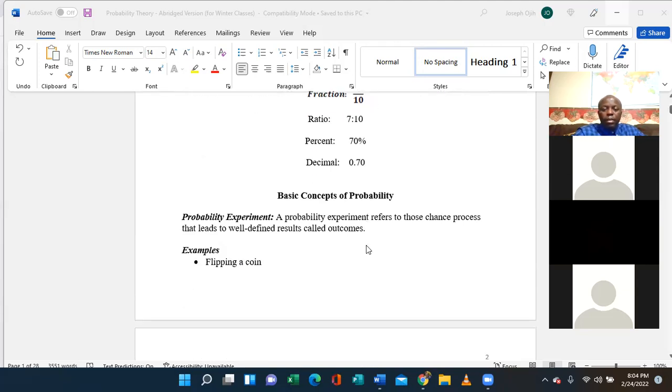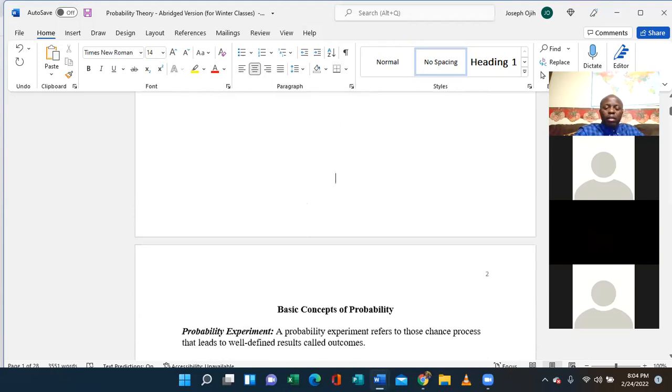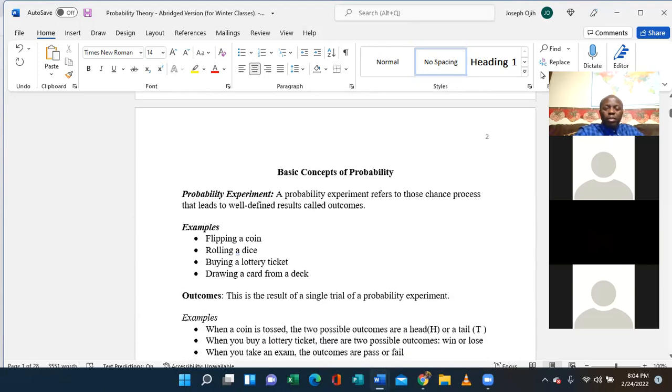With this brief introduction, I will now introduce you to some basic concepts of probability. The first thing we're looking at is what we call the probability experiment. A probability experiment means a chance process that leads to a well-defined result that we call outcomes.